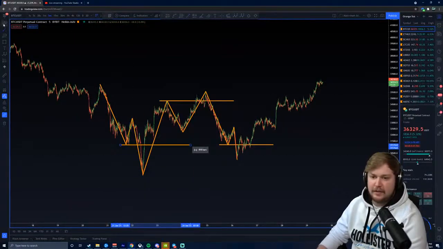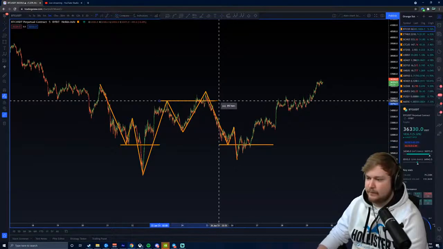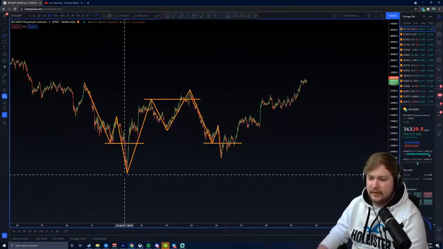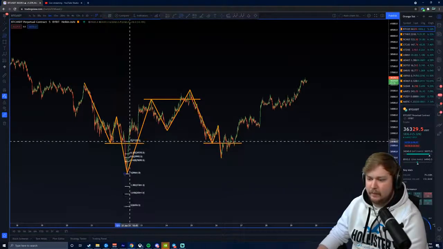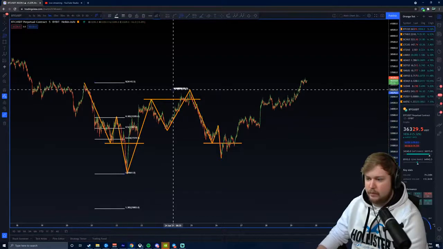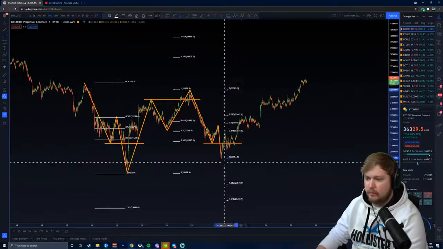Let's say that you just took these 3 over the past couple of days. All right, let's get the 0.382s lined up. Boom, boom, and boom.